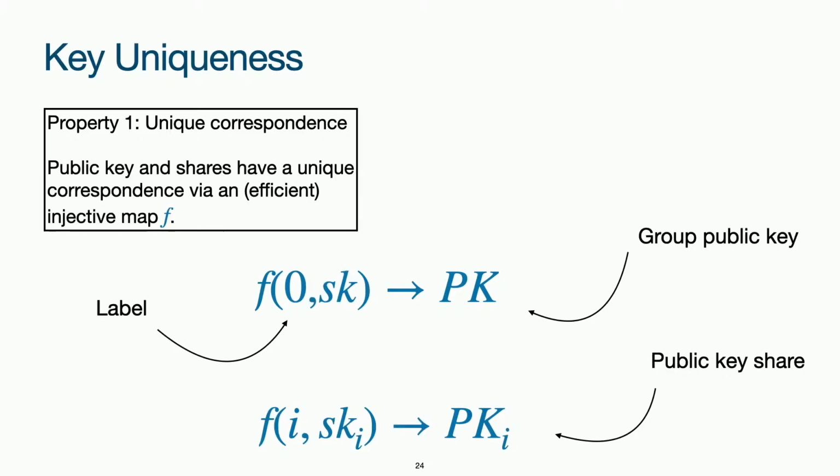For the first property, what we mean is that you can generate the public keys using an injective map F. Given any secret key, you have some injective map F which will generate the public key. Then we give these labels to distinguish whether you're generating the group public key or the public key shares.